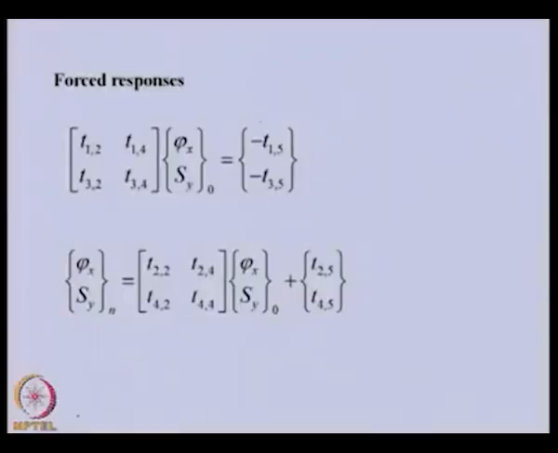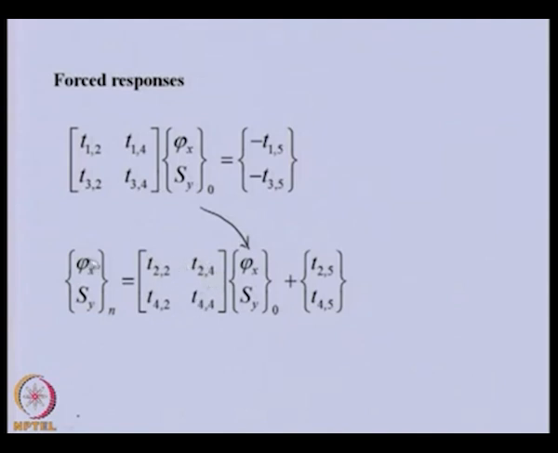If we want to solve the forced vibration, again we need to come back to the previous two equations which we obtained from the first and third row. So here now we are not keeping this unbalanced force as 0. If we know this unbalanced force, we can obtain this vector, because they will be known now, because speed omega will be specified, and we can invert this to get the state vector at the 0 station, and then substitute here to get the state vector at the nth station, because this unbalance will be known and all these terms will be field and point matrices including the speed will be known.